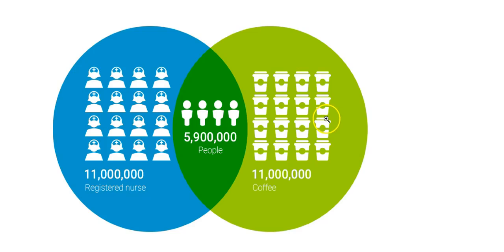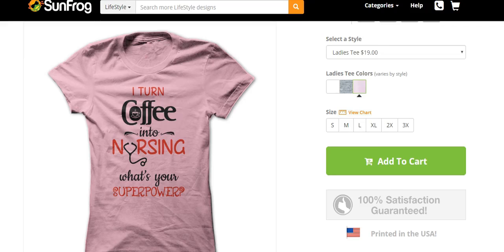And just to break that down, you'll see here that there was 11 million registered nurses and 11 million audience of coffee, but when you intersect the two, or you flex target the two, now you get an audience of 5.9 million registered nurses and coffee drinkers. So now your advertisement is much more targeted, which is perfect for the I turn coffee into nursing shirt.